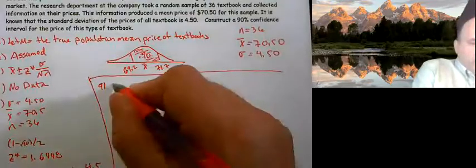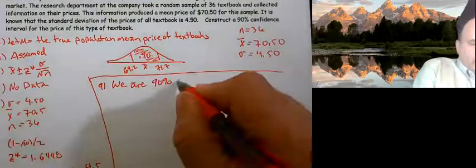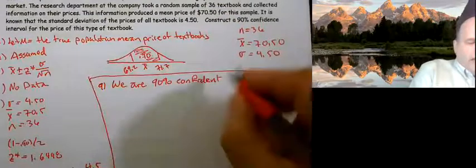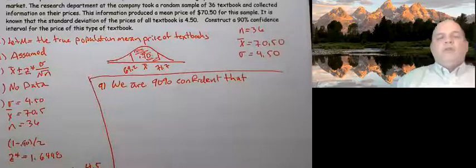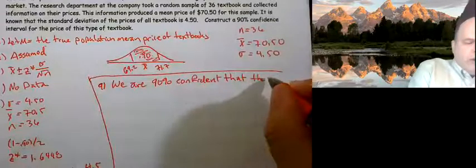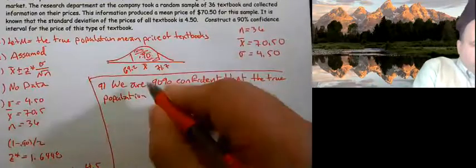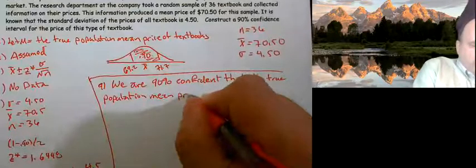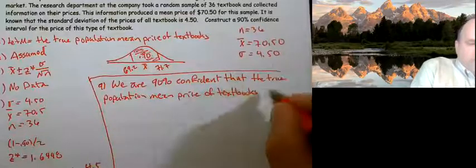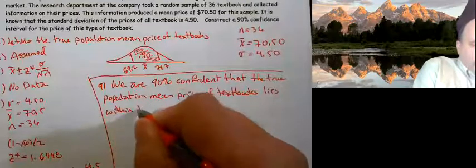And so we are 90% confident that, and as soon as I get to that, I'm going to just copy this right down the way I have it, that the true population mean price of textbooks lies within the interval.